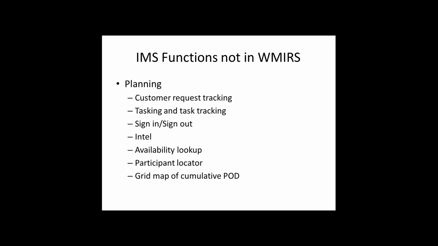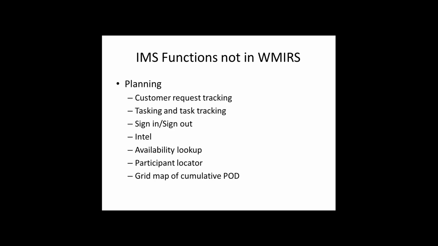There's nothing in WMIRS about intel. There's no tracking of clues or any kind of ground interviews. There's not an availability lookup tied in, where you can input availability and see who's available. We use the WMU and the IMS for that.